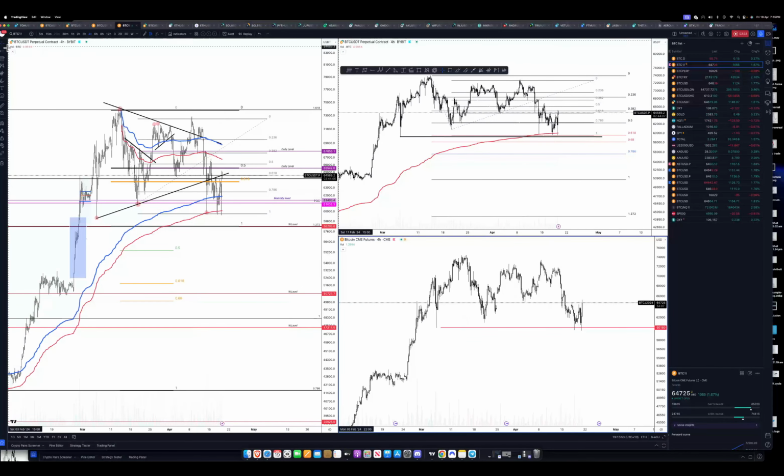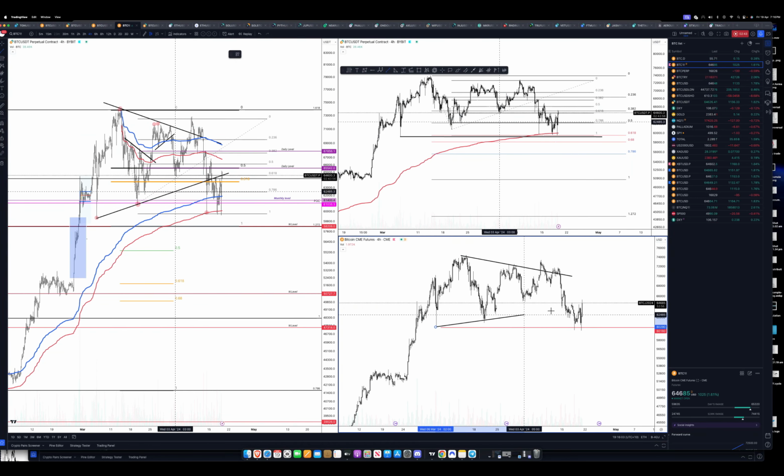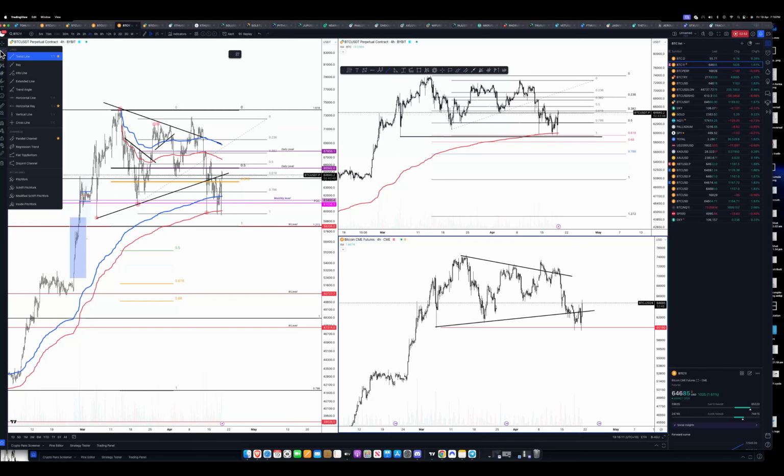The next one is this formation, really. You can look at it from a number of perspectives, but I like to look at it from a triangle perspective, and give or take, we see that. In many cases, this one is not the best of the charts, but it does the job.